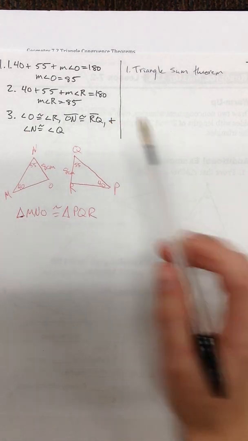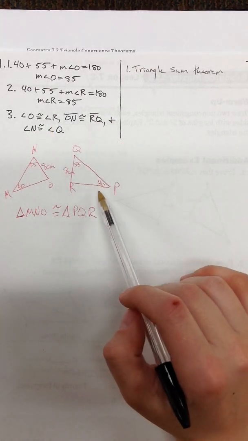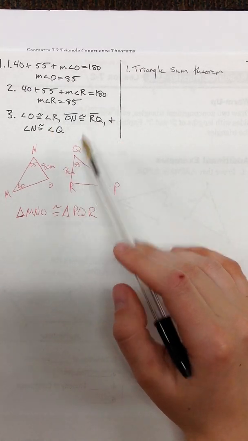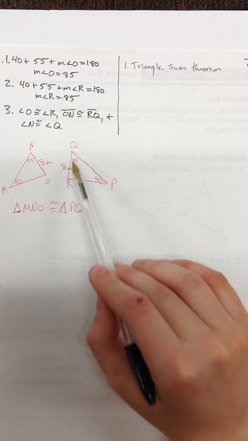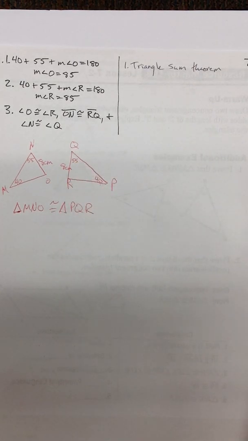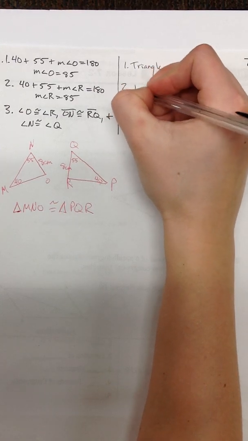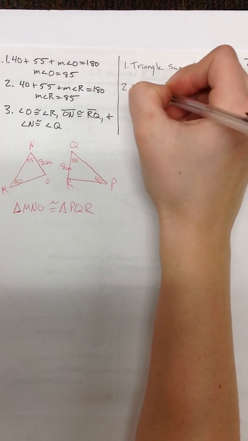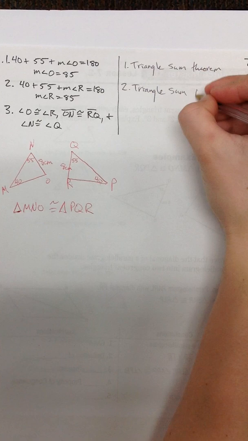Same situation for the second one here. We've got the other triangle, so we've got 40, 55, and this time angle R, and those again are going to add up to be 180 because it's a triangle, so that's also by the triangle sum theorem.